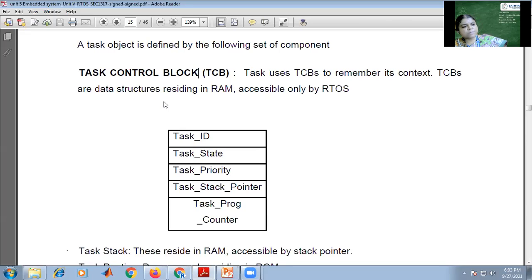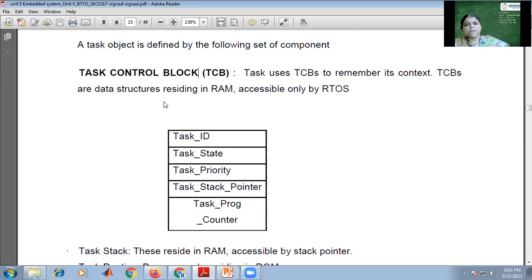Examination implies subject name, subject code, your strength, department, semester, year, date, time, everything. So what all the task should contain will be available in the task control block. They are nothing but data structures.